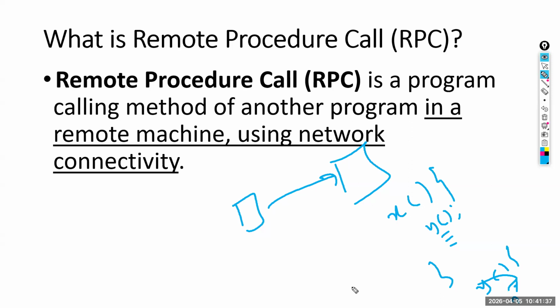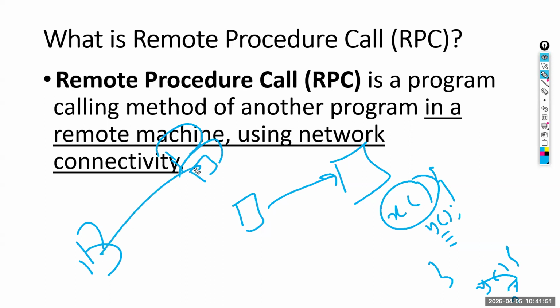Remote procedure call means one method in one machine calls another method in another machine. You are running a program, and that program calls a method in another machine, and then it returns, and you continue. That is a remote procedure call.